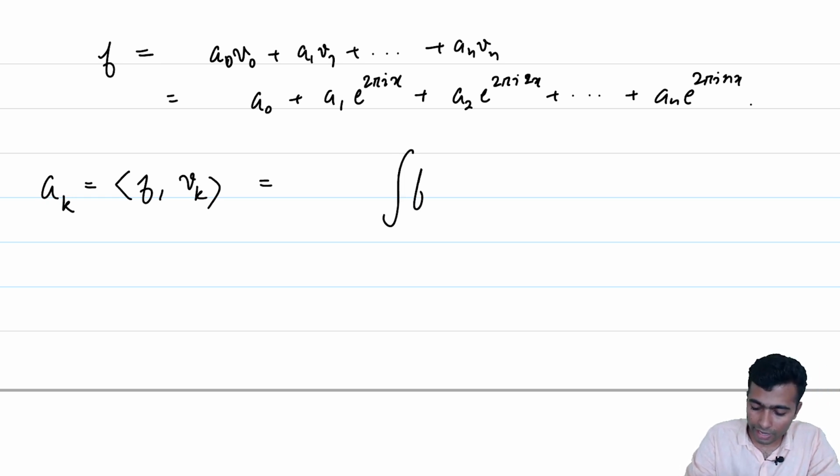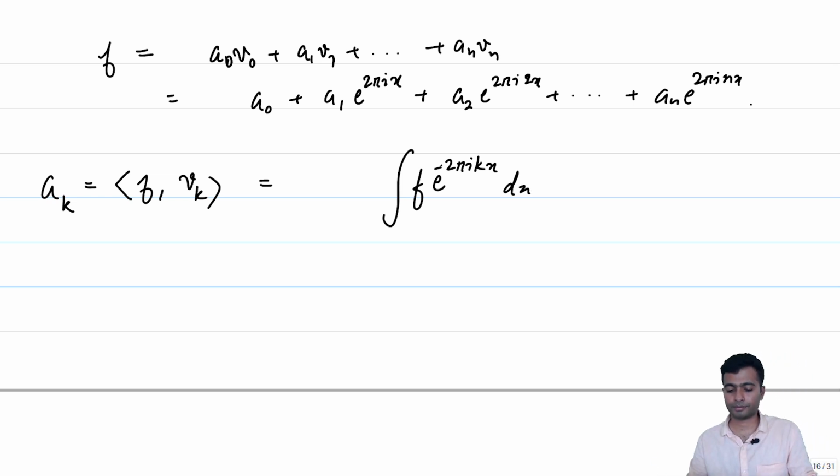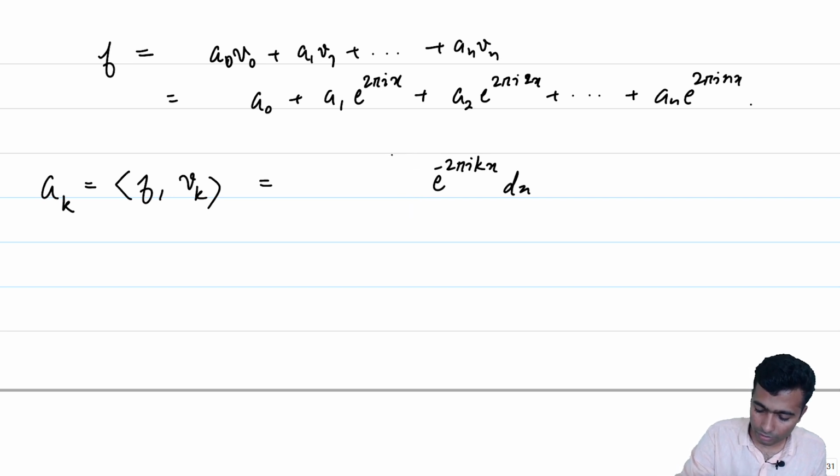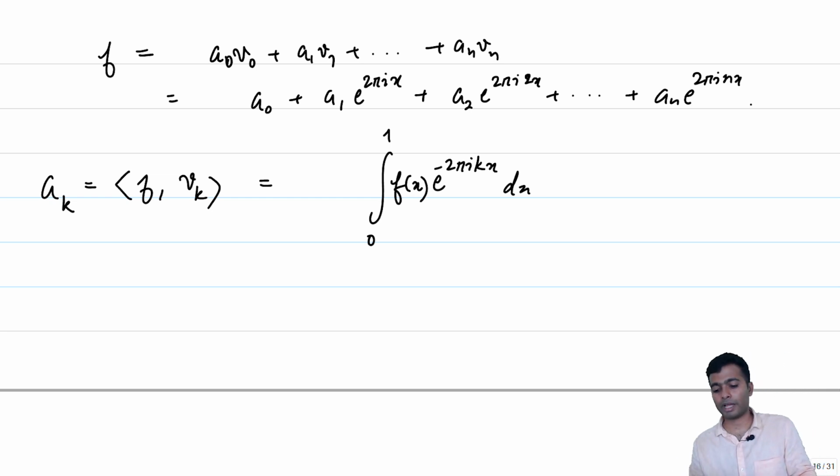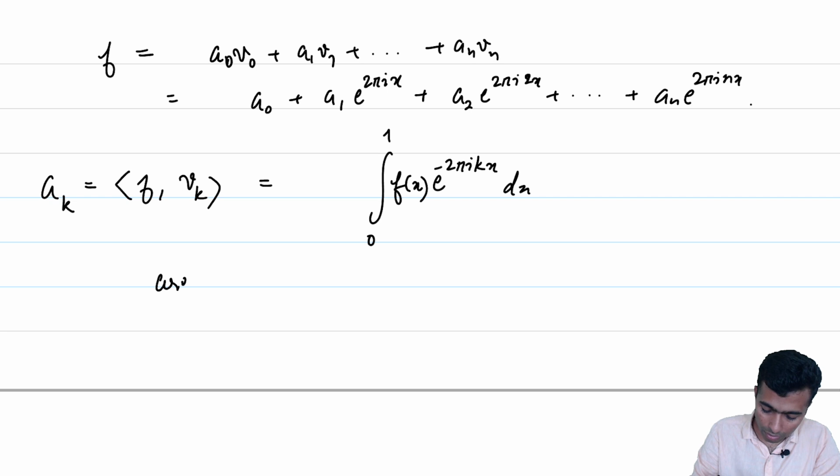This is the inner product of f with e to the power 2 pi i k x. So I should be a little more careful. This is the integral from 0 to 1 of f of x times e to the power minus 2 pi i k x dx. These are called the Fourier coefficients of f.